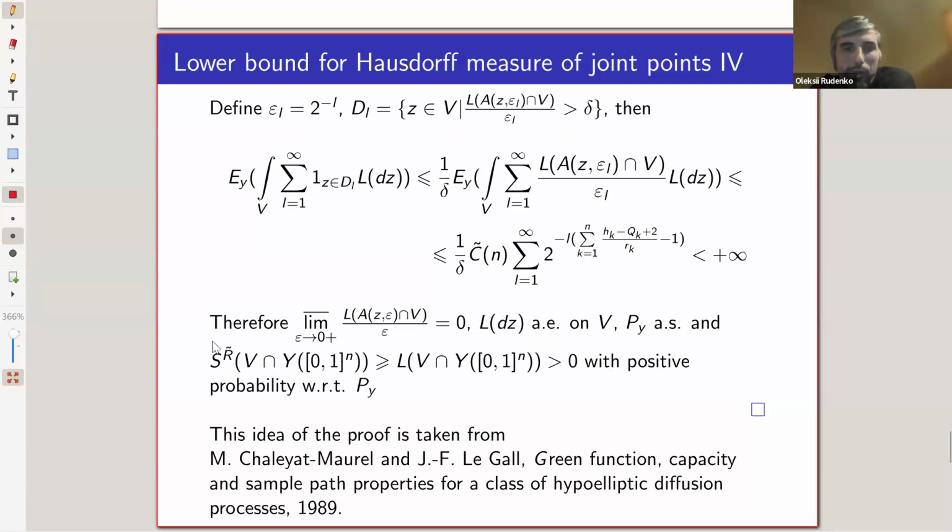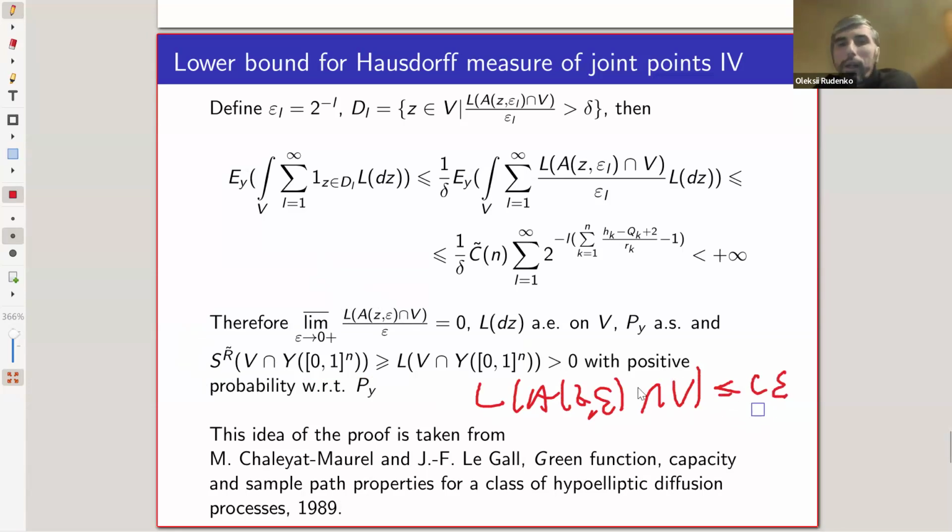And as a result, we can also obtain this. Here I also skipped some computations, but in fact we just have to consider the set on which this convergence is fast enough, and then on this set we will have the estimate. So for example we can use that this will be less than or equal to some constant times epsilon.